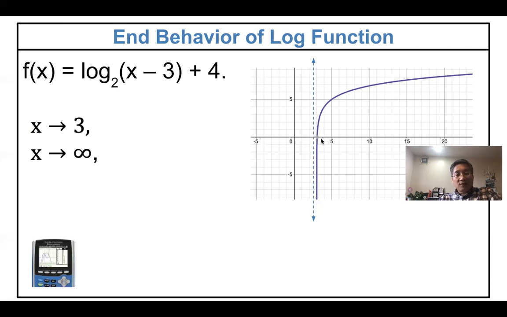So how do you describe? So x keeps going to the 3, close to the 3, that is the left side. But to the right side, x keeps going, so x goes to the positive infinity. And then when x goes like this, we should know how y behaves, how y changes. So let's look at this.